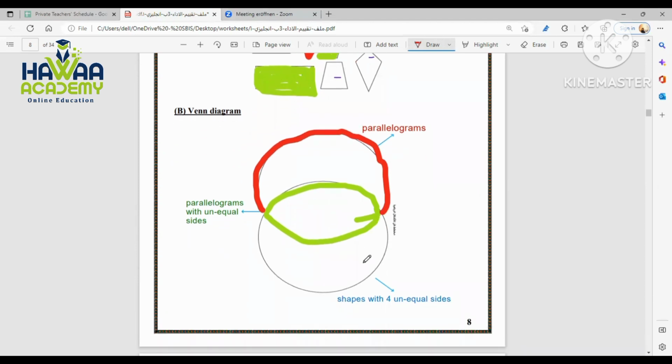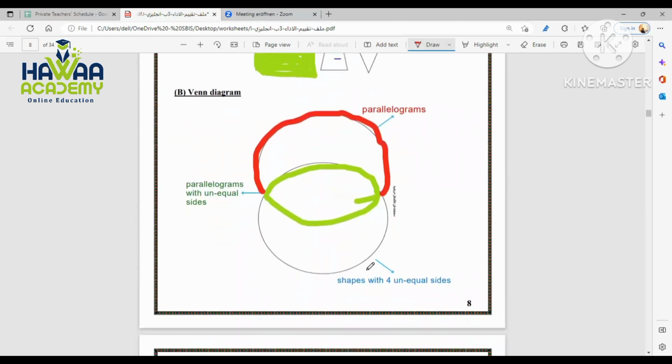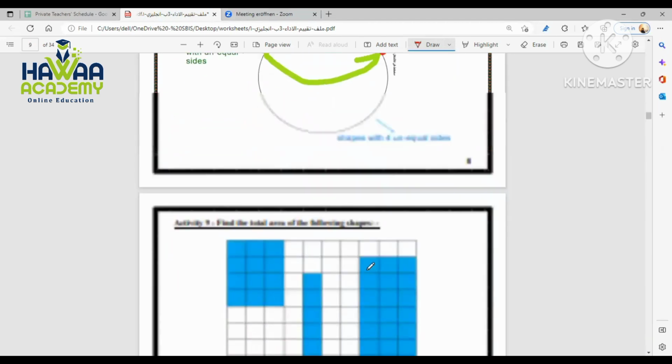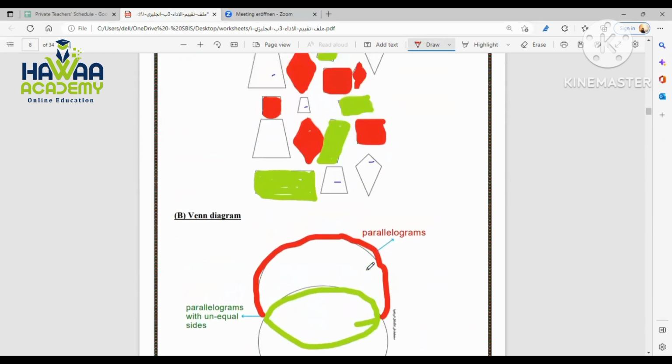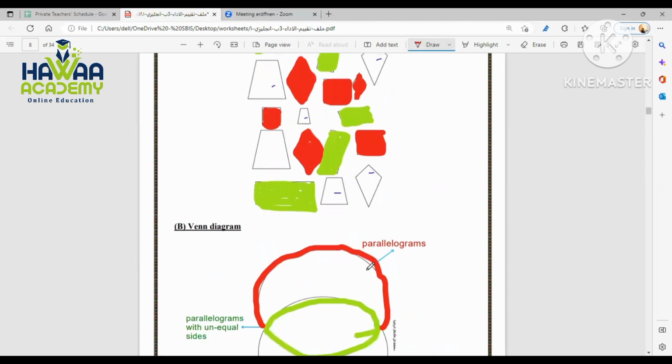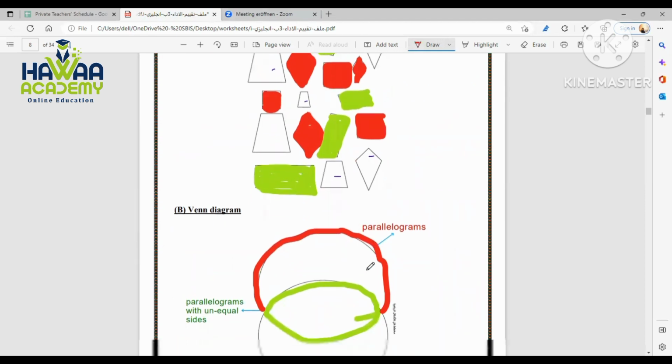And on the other side, we're going to put all the shapes that are not parallelograms. Okay? There are so many ways to make it. You can use your creativity and do whatever you want.